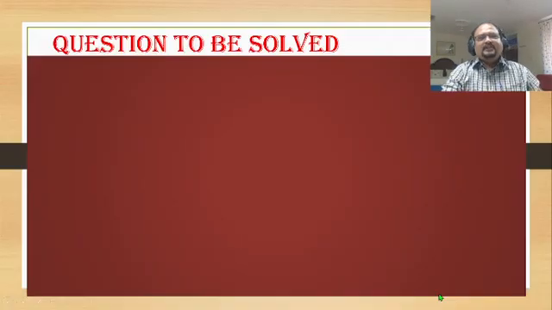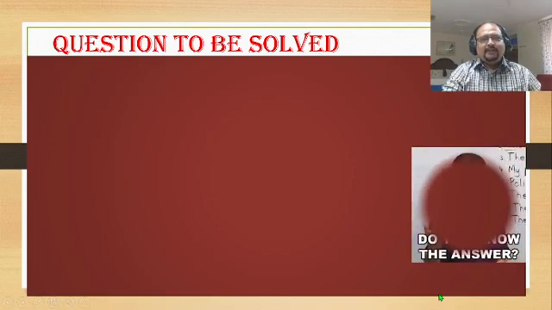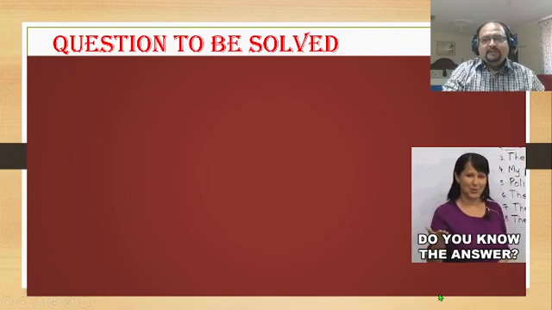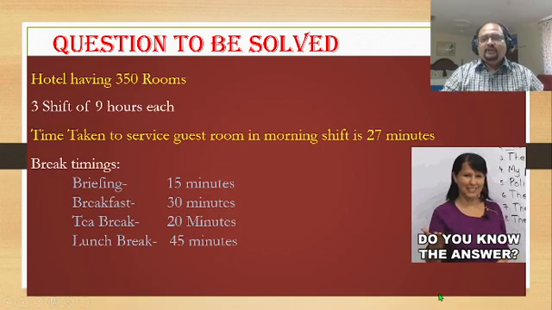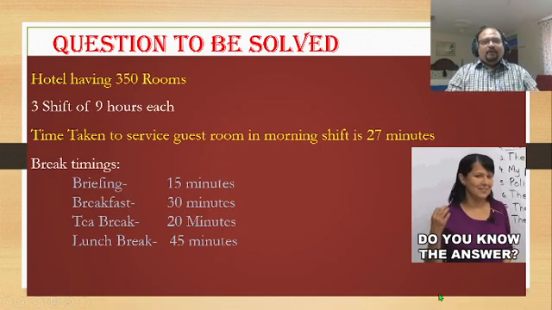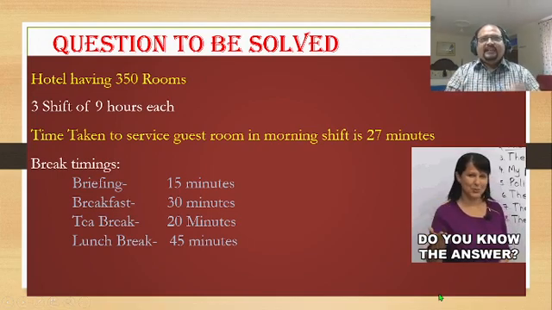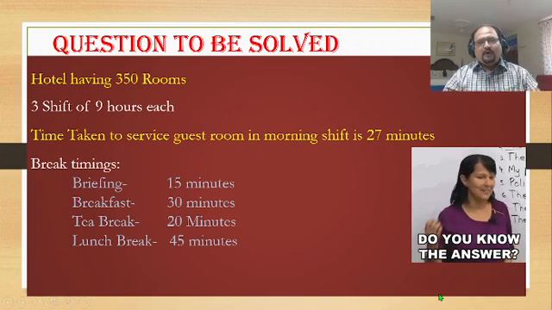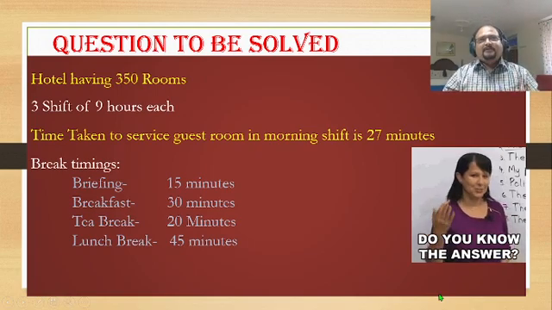With this note, let us come back to the question that we were supposed to solve today, and all the points of the question are appearing on your screen now. Do you know the answer? Yes, many of you would have roughly understood, seeing the productivity standard, how we will go about it, but we have understood only the productivity of one room boy, that means how many rooms can be cleaned by one particular room boy.